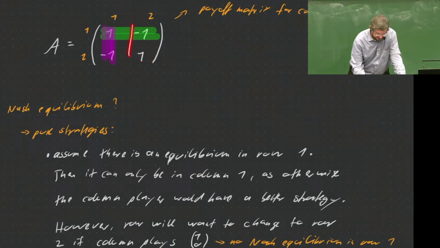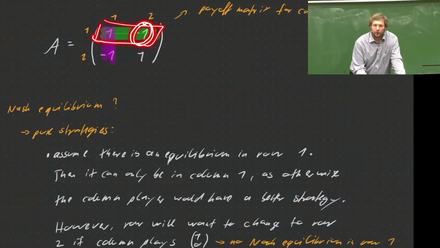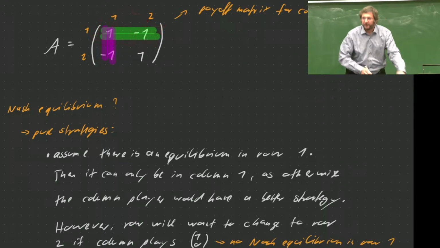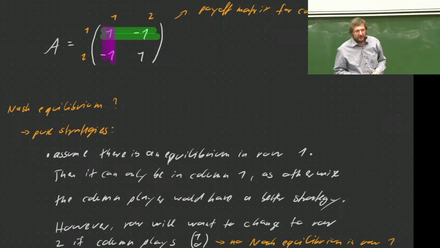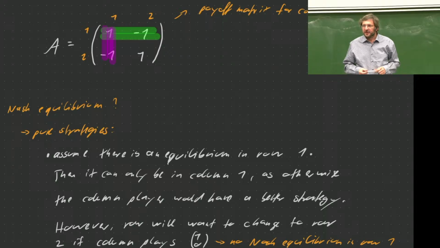Again, let's say the column player chooses the second column, then the row player will obviously choose row 1, because then they will get to this point here, and row wins a euro. However, column in this situation will have an incentive to change to column 1, because that is when he will win a euro, right? So that means there is no Nash equilibrium in this game in pure strategies.